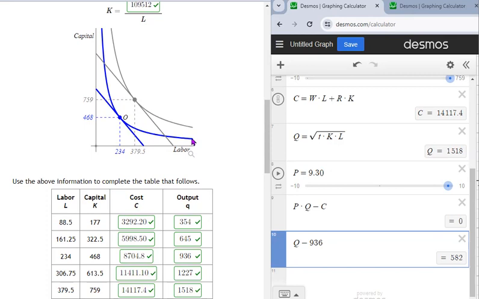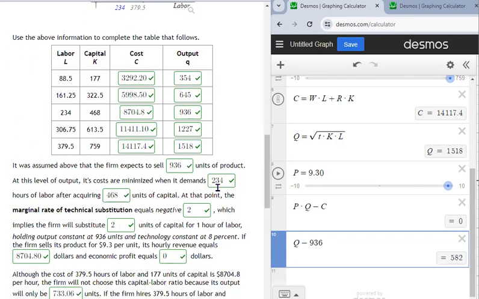They only expect to sell 936, the quantity associated with this blue curve. That's the most they can sell, and they don't want excessive inventory. So they're not going to do the gray point here.